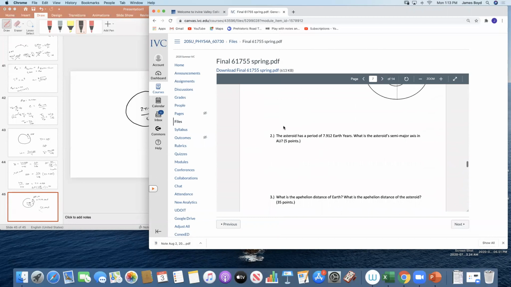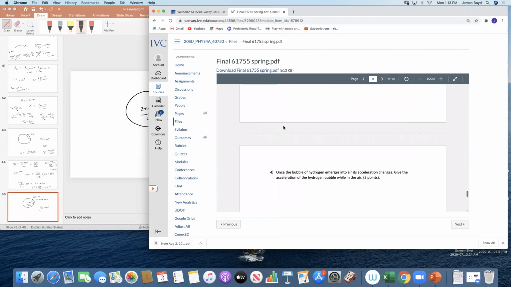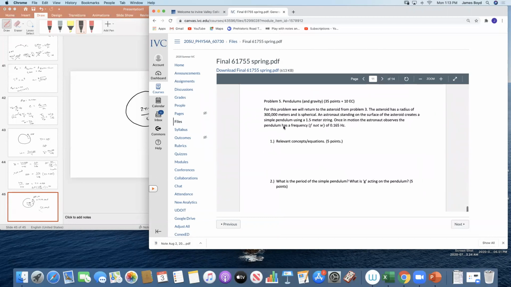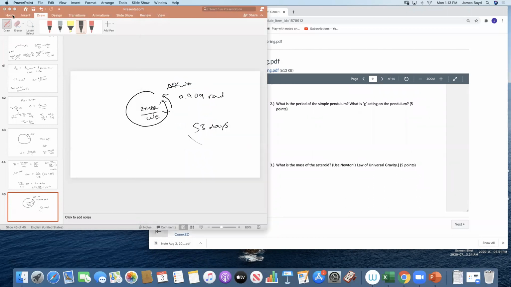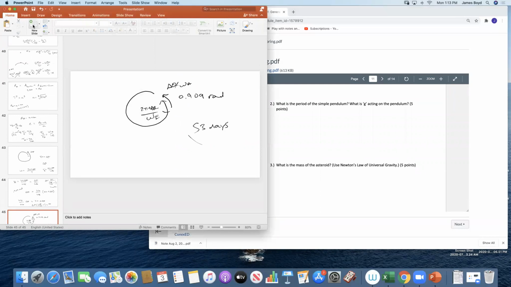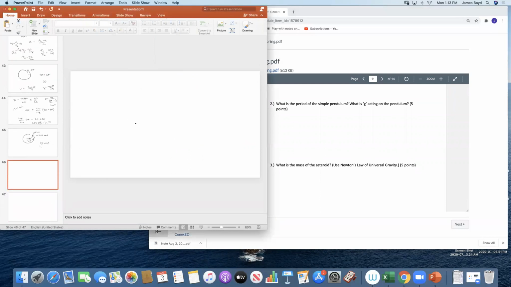The other problem that I think comes up in this exam is with pendulums. Pendulums, you need to know that this is a little bit for tomorrow, but T is 2 pi square root of L over g for a simple pendulum, right?